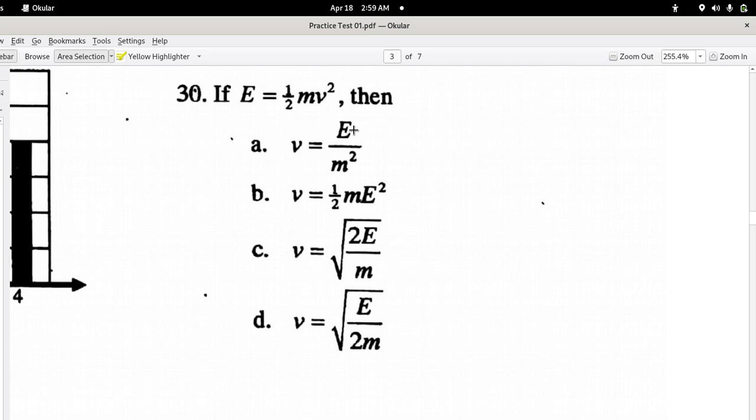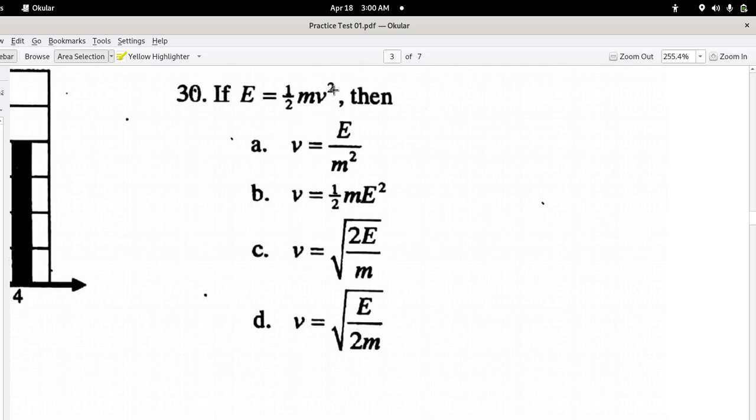But the normal way to do it is to treat E, M, and V as numbers. You can multiply both sides by something, divide both sides by something, add something to both sides. You can subtract something from both sides, whatever you do, right? You work it out until you get V equals.